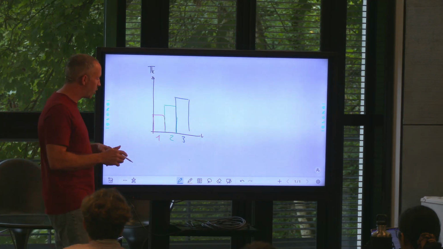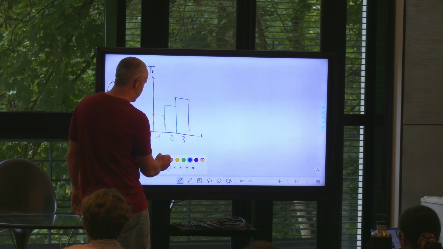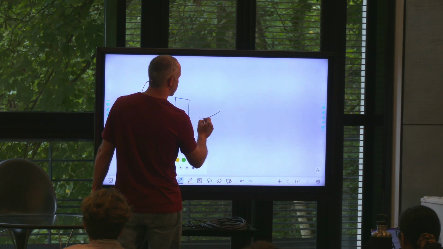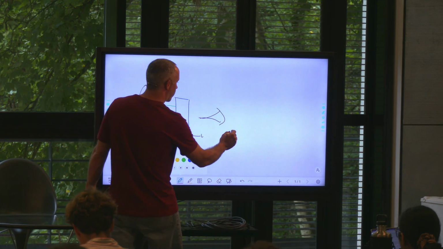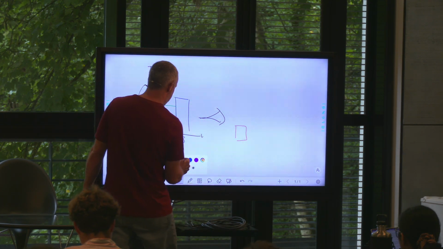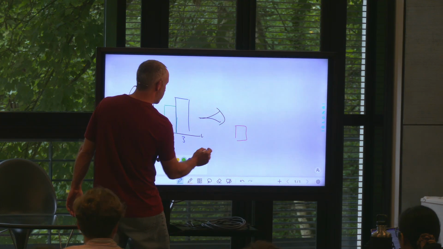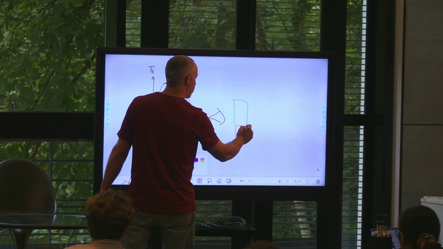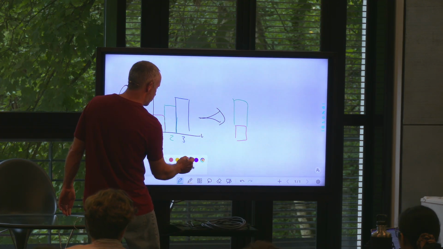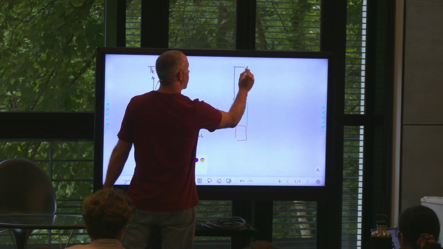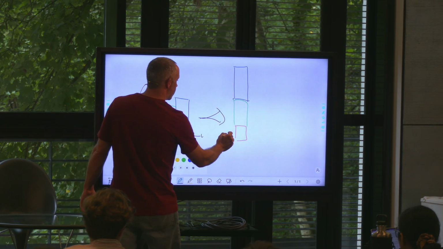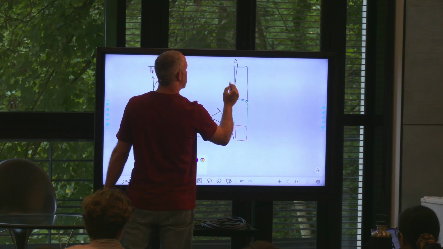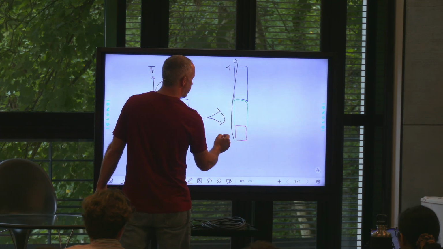So how do I do this? Well, I turn this into a tower. I transform this into a tower where I put the first block like so, the second on top of it, and the last one. This goes from 0 to 1.